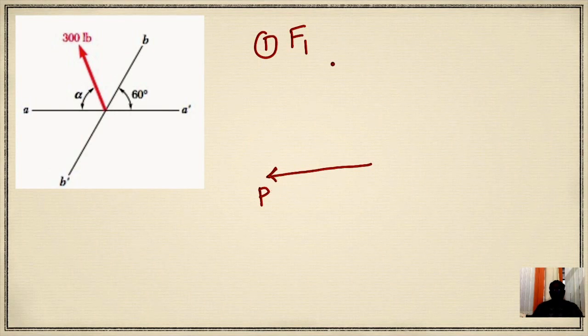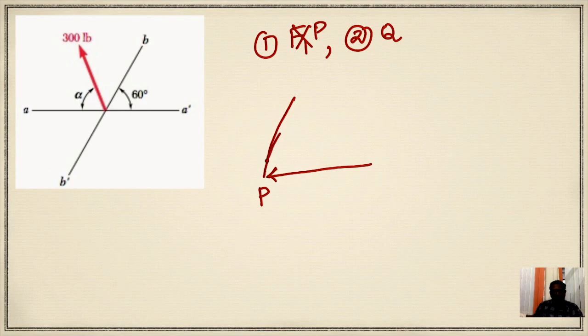But the major thing is the next vector, the second vector, which is the Q vector. The Q vector will be placed such that its tail is kept on the head of the first vector.